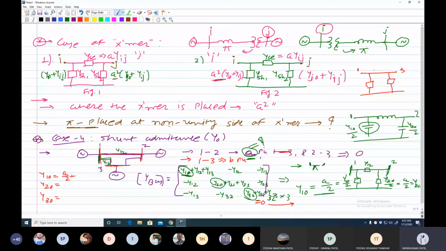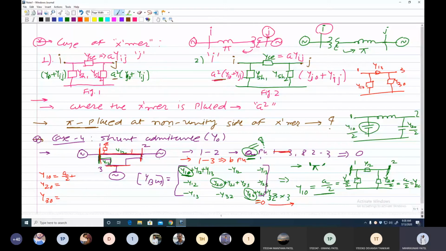This is your series element Y13. This is your shunt element Y10, and again this is your shunt element Y30. This is your shunt element for this pi network.